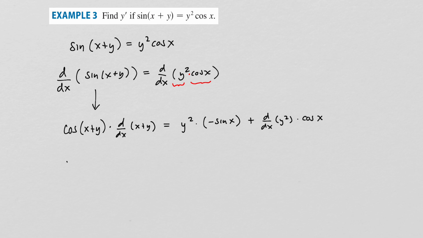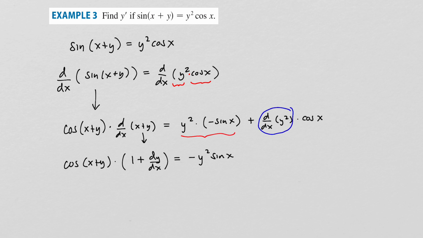So simplifying here, we have the cosine of x plus y times, now the derivative of x plus y is 1 plus dy/dx. On the other side, we have negative y squared times the sine of x. So I'm just simplifying this here. And then now we have to take the derivative of y squared, which is 2y times dy/dx, times the cosine of x.